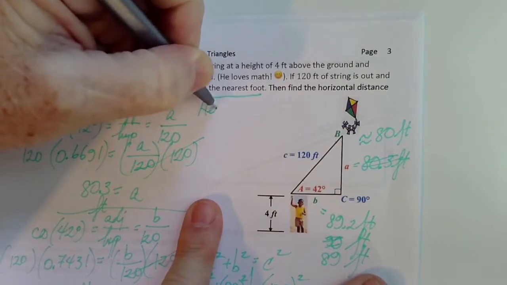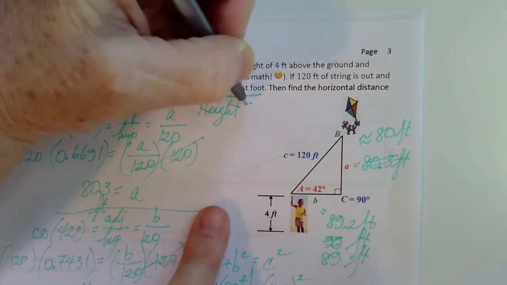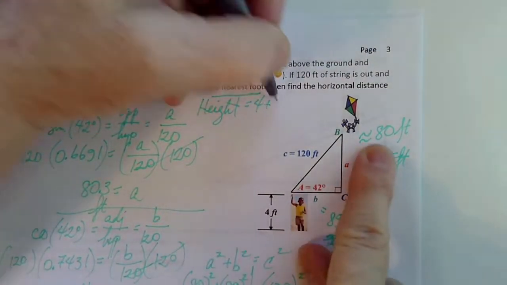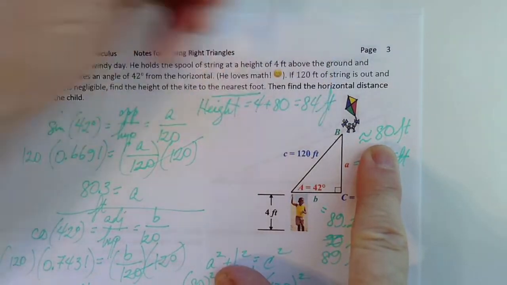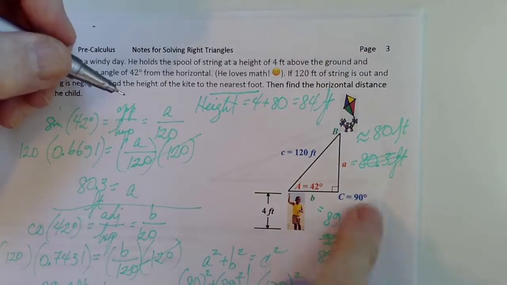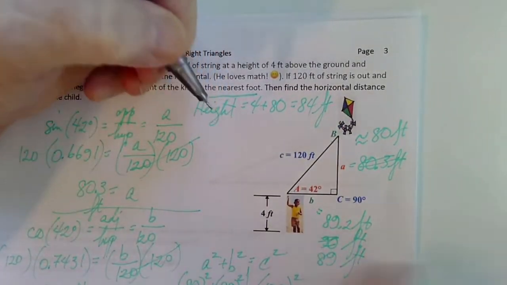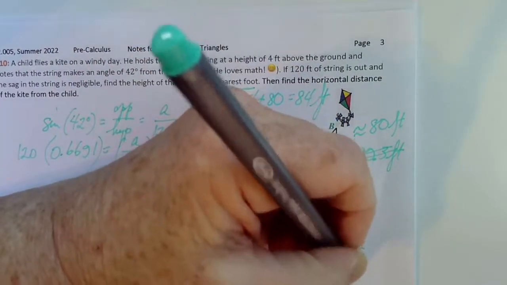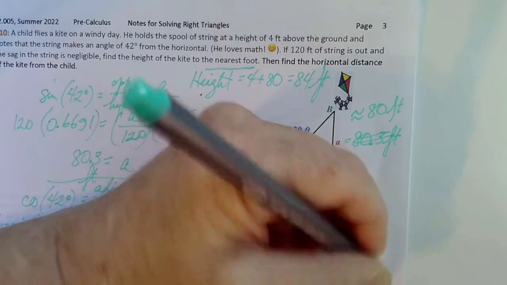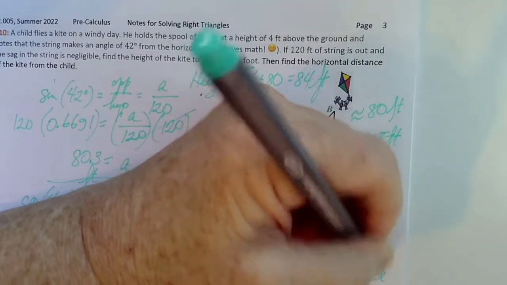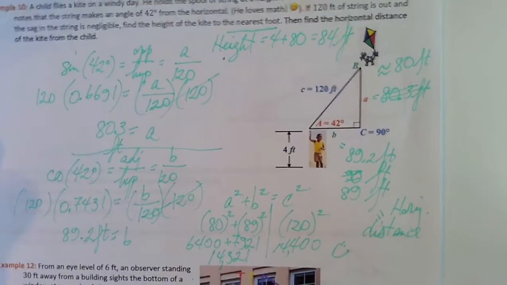So the height of the kite will be 4 plus 80, or 84 feet. The distance away from the child is going to be B. So 89, that's the distance, horizontal distance. Okay, groovy.